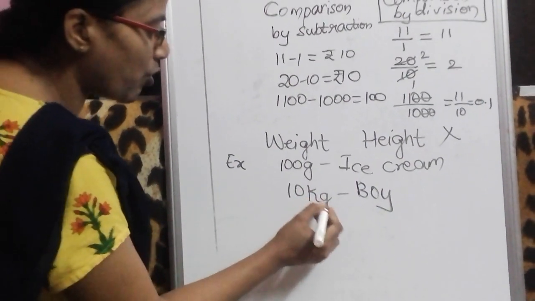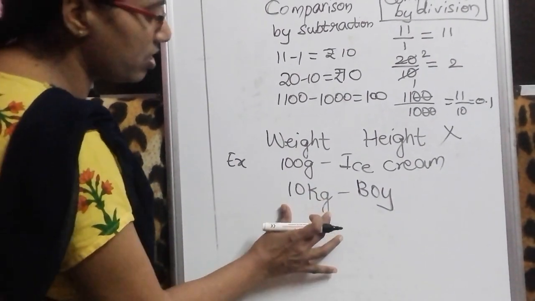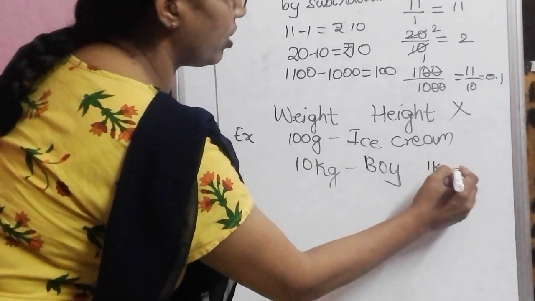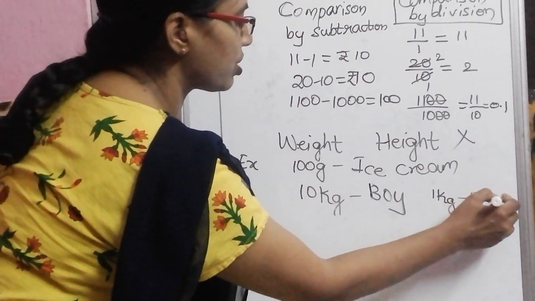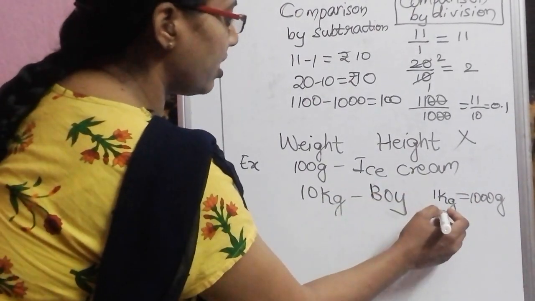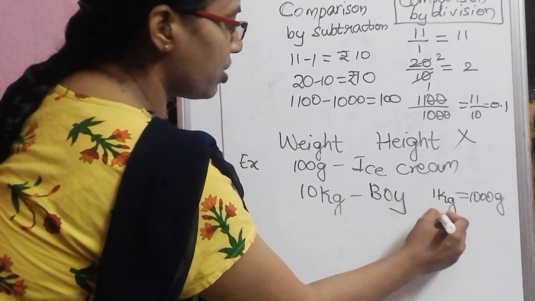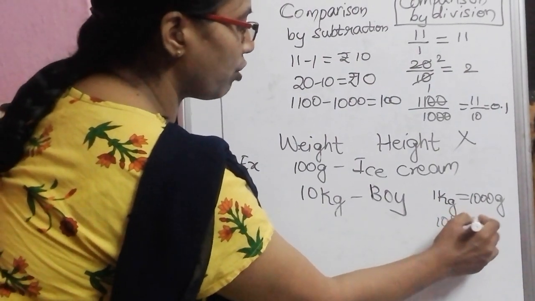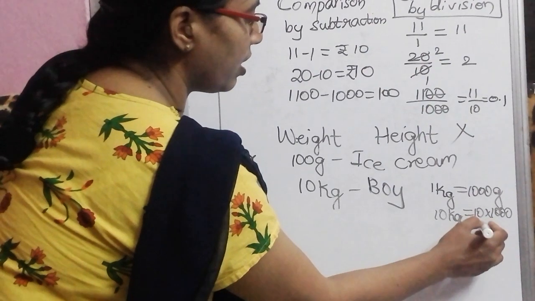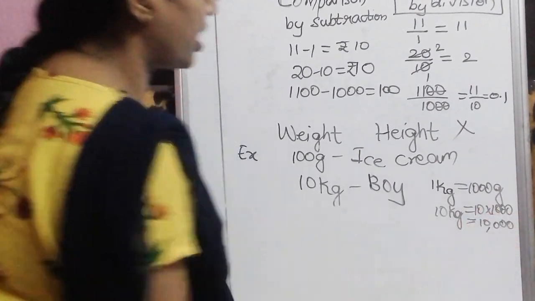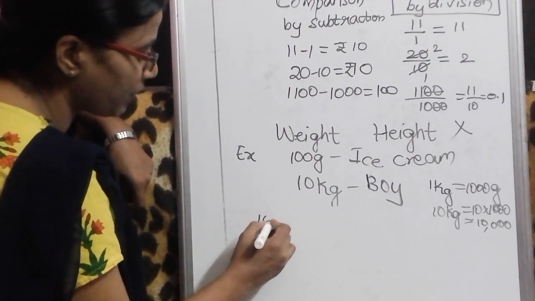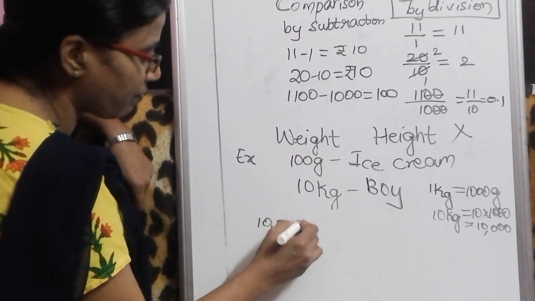So I am going to convert kgs into grams. 1 kg is equal to 1000 grams, and here they have given 10 kgs. So it is going to be 10 into 1000, that is 10,000 grams.